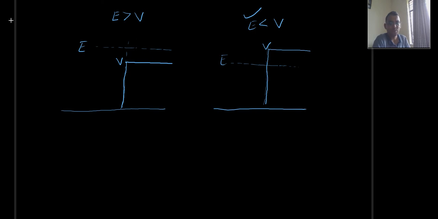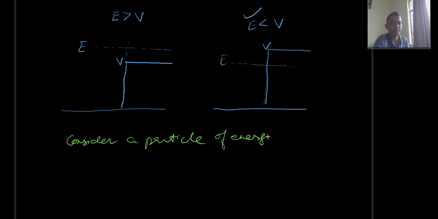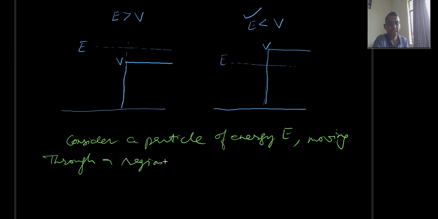We consider a particle of energy E, and this particle is moving through a region with potential V. Potential is a function of x, but it is a constant here, right?